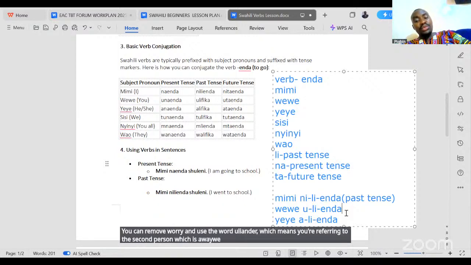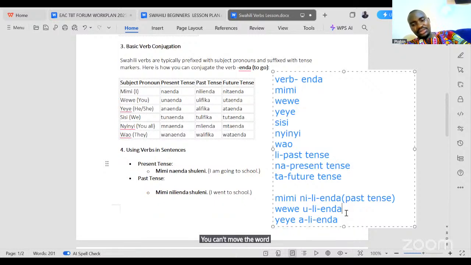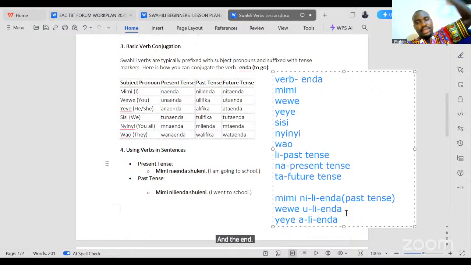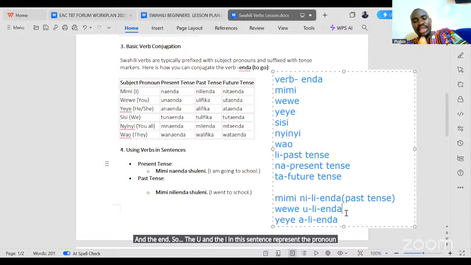You can remove the word mimi and just use nilienda. It means I, the first person pronoun. You can remove the word yeye and just use the word alienda, and it will refer to the third person pronoun, that they or he or she went. Alienda. So the ni, the u, and the a in these words represent the pronouns mimi, wewe, and yeye.